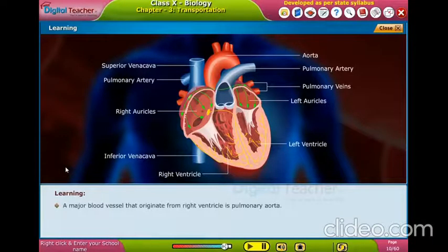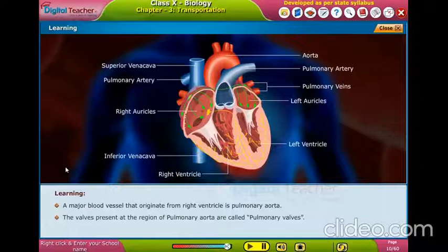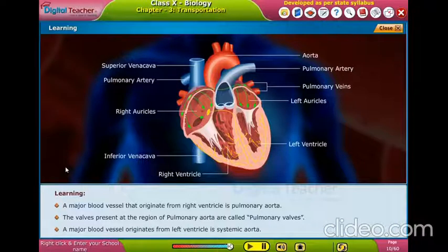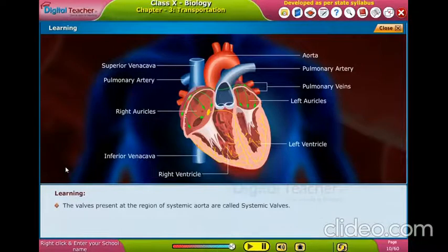A major blood vessel that originates from right ventricle is pulmonary aorta. The valves present at the region of pulmonary aorta are called pulmonary valves. A major blood vessel originating from left ventricle is systemic aorta. The valves present at the region of systemic aorta are called systemic valves.